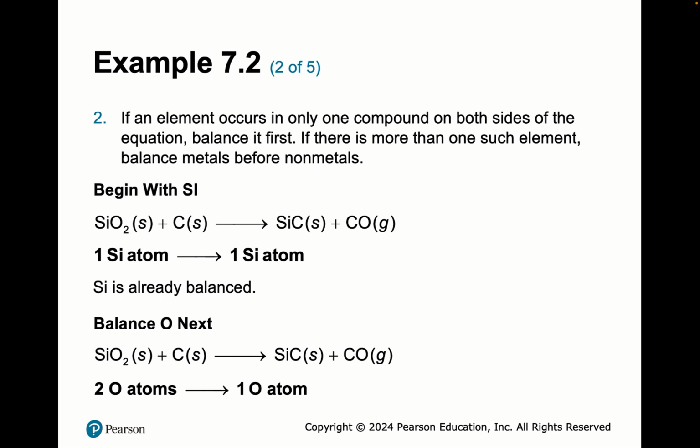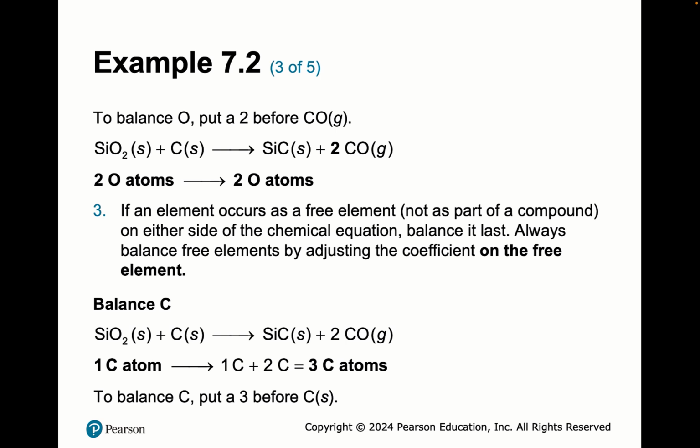So to balance the oxygen, there's two oxygen atoms there, and you're going to have two in front of the carbon monoxide to have it be two oxygens in there. Now the next thing we do is balance the carbon.